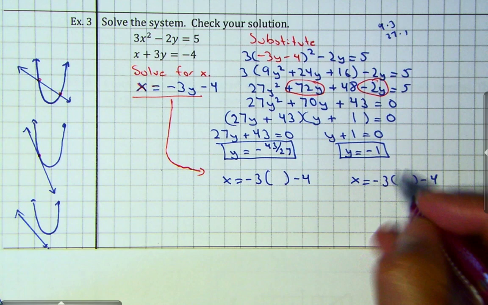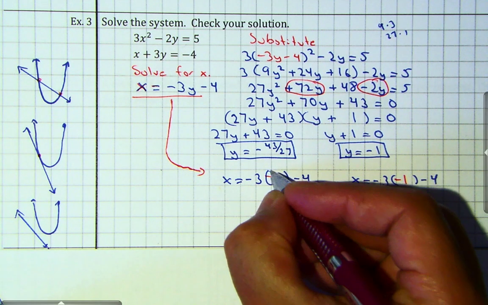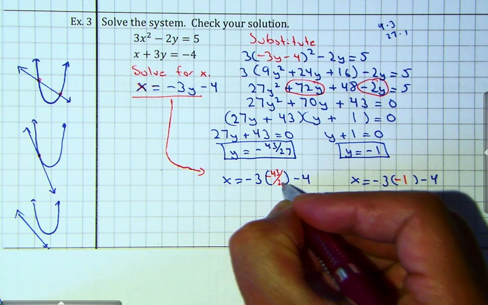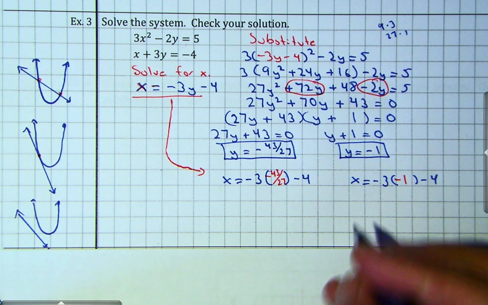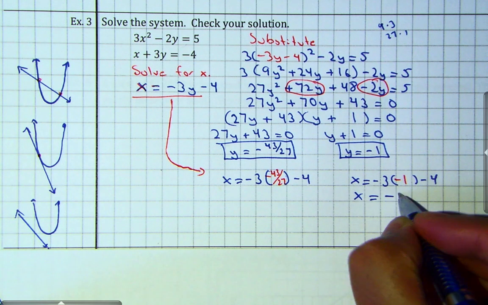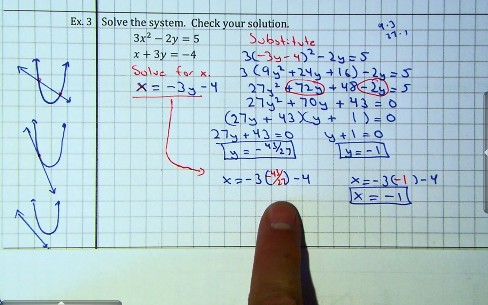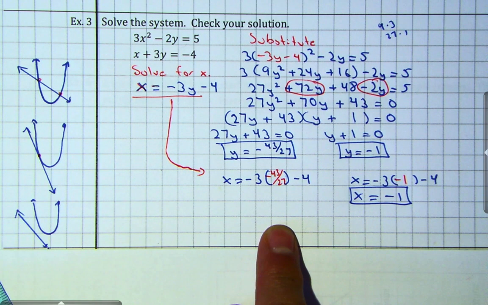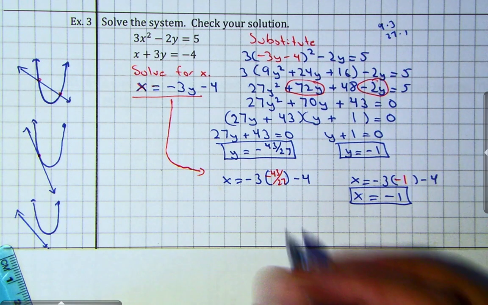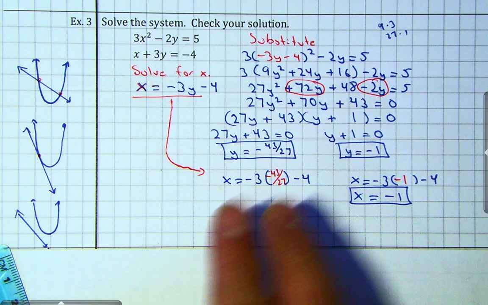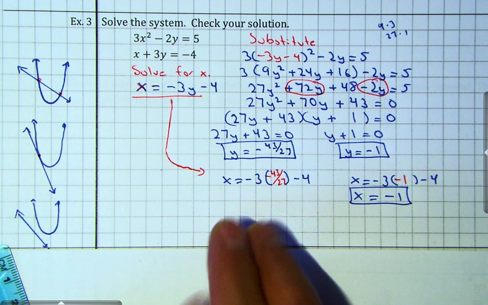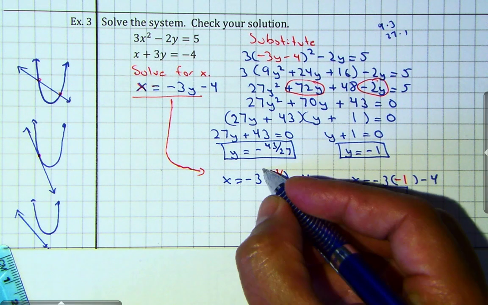This one will get negative 1, and this one will get 43 over 27. So therefore x equals negative 1. Simplify this and see what you get, and then we can check your answers. We can reduce the 3, you got it, pause it. So that's it. We can reduce, that cancels, I guess, to 9.